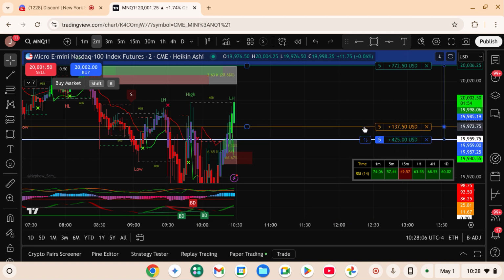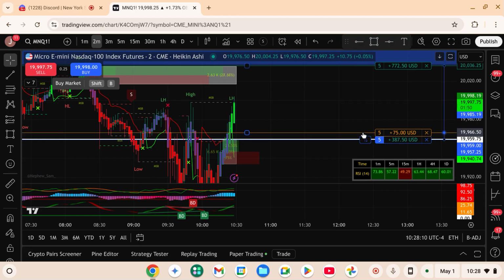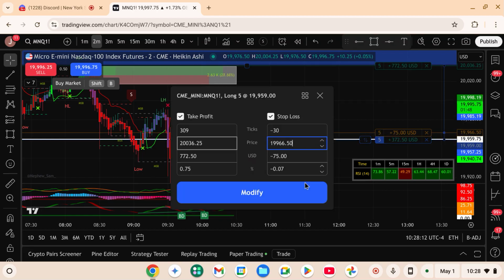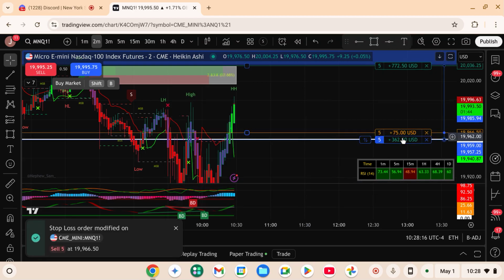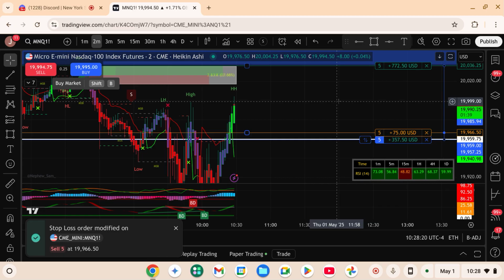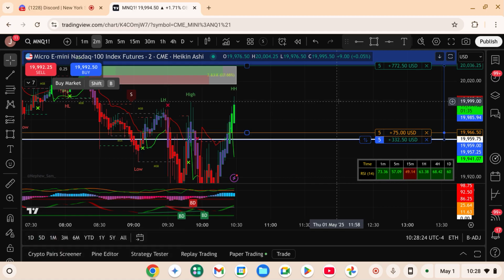So right here. Now let's do this one. Let's do this candle here. It's $75 you would be in profit even if you do get stopped out. But we didn't take the trade for just $75, so we're gonna keep on holding.